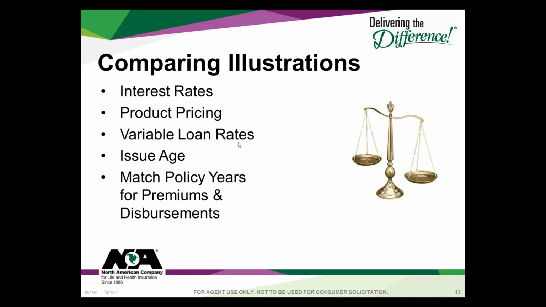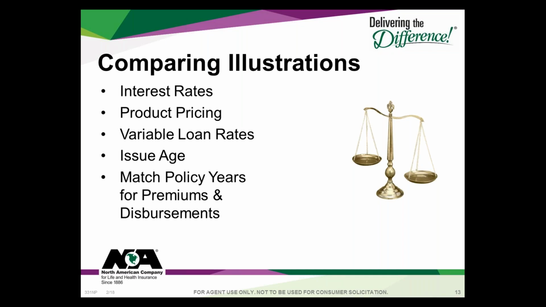Now, in terms of what rate should you use, our current variable loan rate is 4%. So you think, well, I should probably use 4%. Well, not necessarily. A variable loan is going to illustrate best when you get as close as you can to the 1% limit that the AG 49 regulations have, where illustration software cannot show any more arbitrage. And arbitrage is the difference between the rate that they're credited and the rate they're charged.